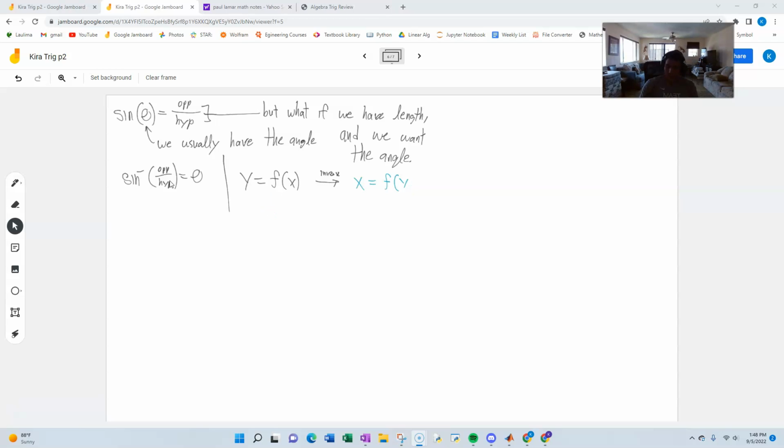You could see things like y equals f inverse of x, but it's kind of a weird notation to write. Just think about it this way: they're swapping inputs and outputs. But if you do that, you have to fundamentally change the function, especially for trigonometry. Sometimes in algebra, you can keep the function the same and swap the inputs and outputs, but that's a little bit advanced.